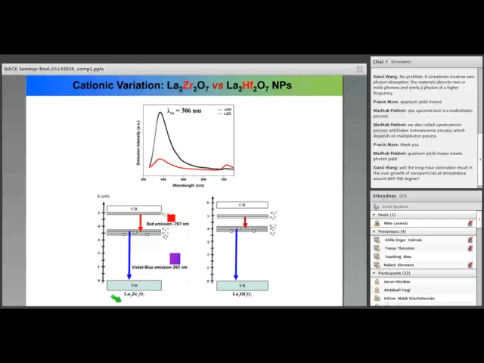And then we see that for the zirconate, there are two peaks here, right? And this is related to that violet blue emission peak around 392 nanometers. And then there's another one related to the red emission at 707 nanometers. And of course, this is where the oxygen vacancies come in, right? Because these are actually the undoped samples.